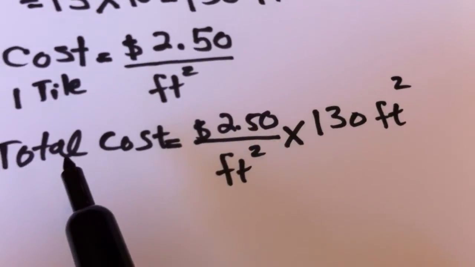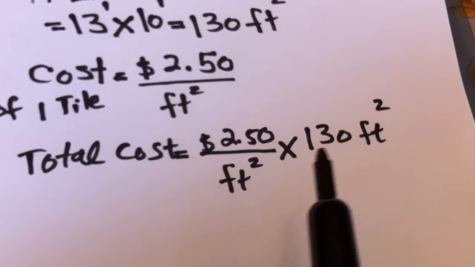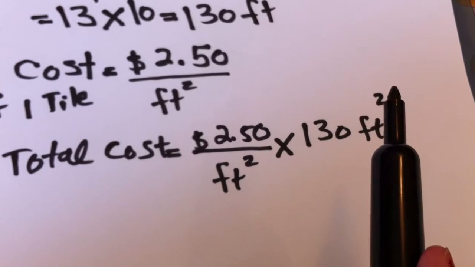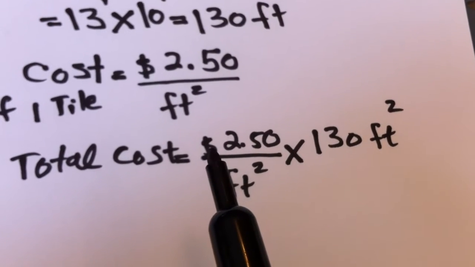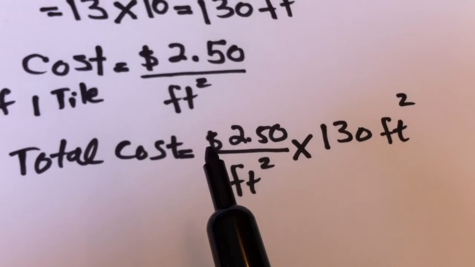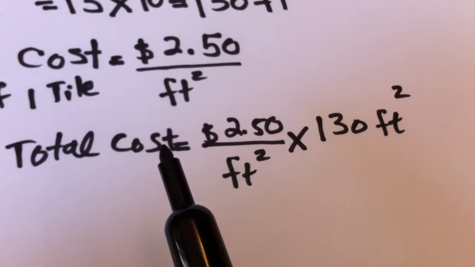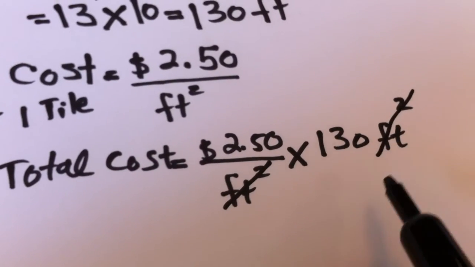So when you look at this formula, as you see, the units will cancel, right? The square foot in the bottom and the square foot in the top of the fraction will cancel out. So we will only be left with $2.50 times 130, so the unit of the cost will give us a dollar amount, right? So let me just cancel the units.